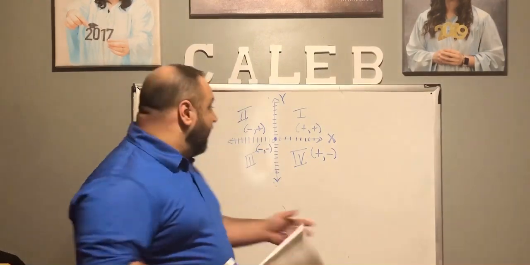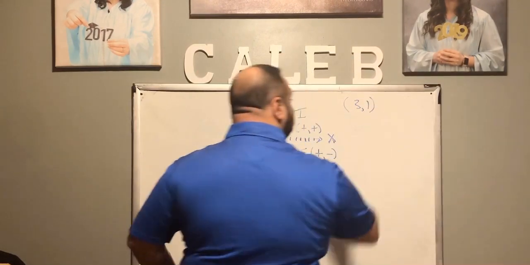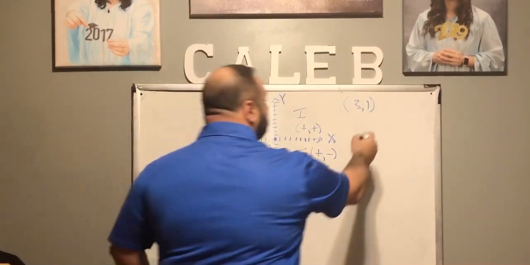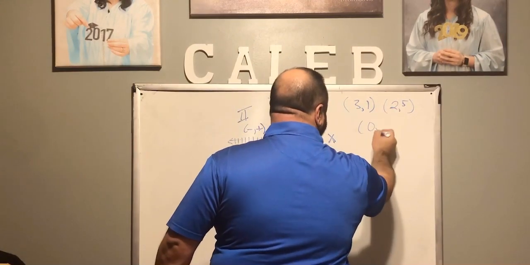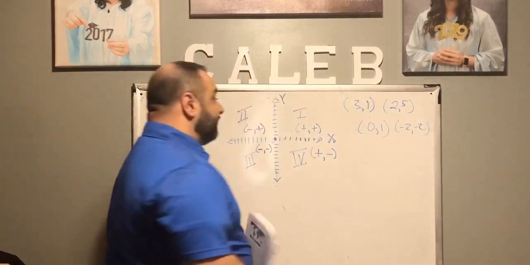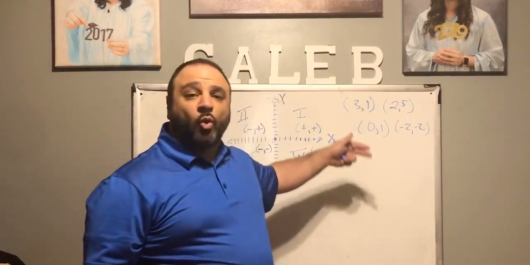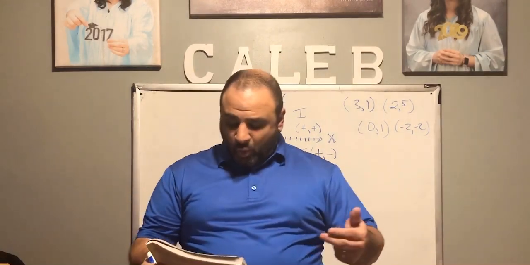And so when you see a pair of ordered numbers, you're going to see two numbers such as that, okay? Or we can go to 5, 0, or 1, -2, or -2, -2. These are called ordered pairs, or coordinates.